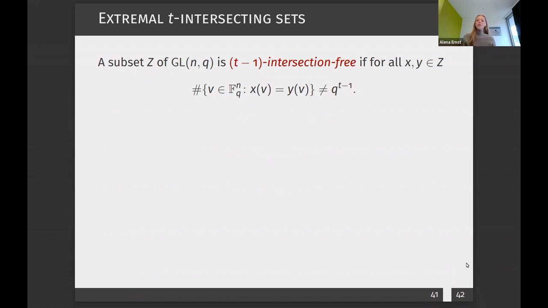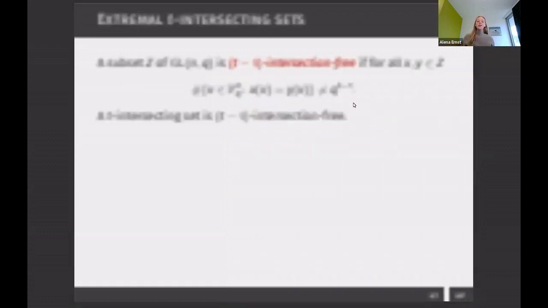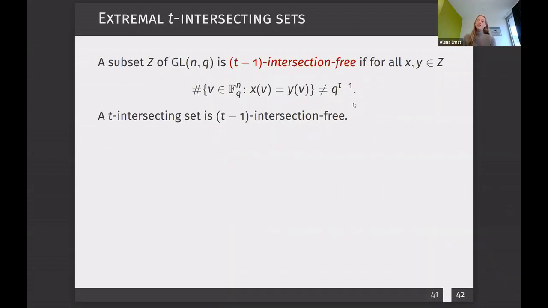But what is a t-1 intersection free set? Having a subset, we take all elements on which any two of these elements agree in exactly q^(t-1) positions, that is, the intersection size is not equal to q^(t-1). So any t-intersecting set is also t-1 intersection free.